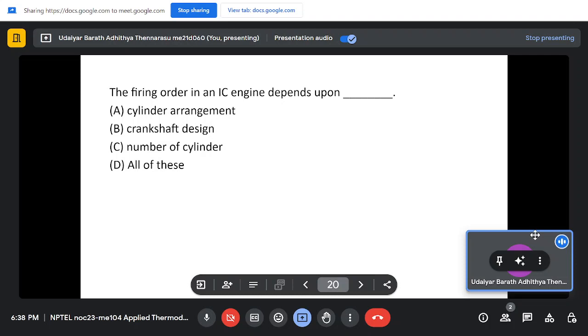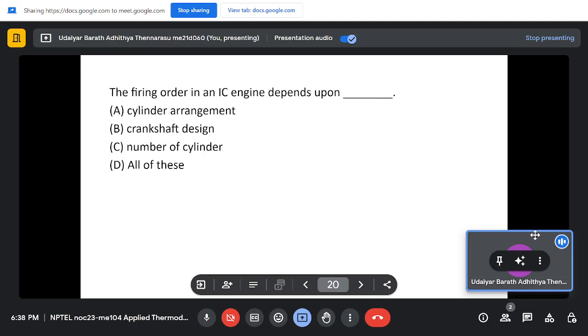The next question given is: the firing order in an IC engine depends upon A, cylinder arrangement, B, crankshaft design, C, number of cylinders, D, all of this. What does firing order mean?